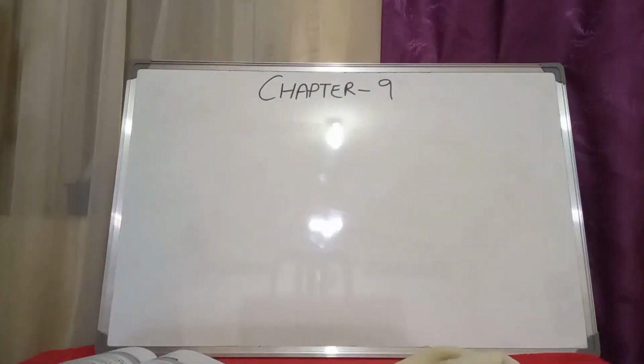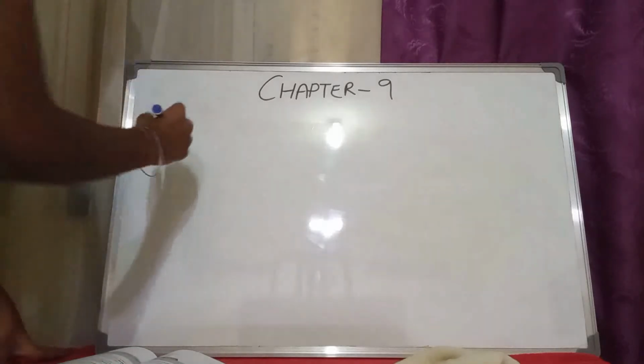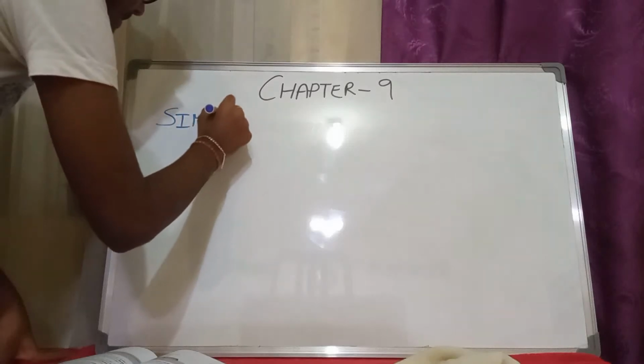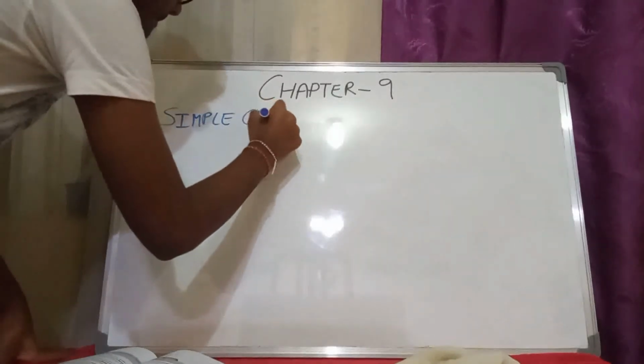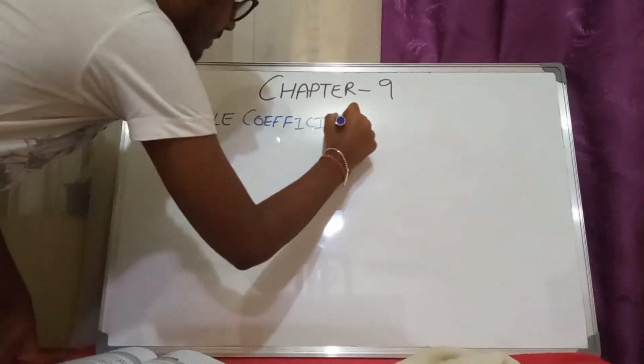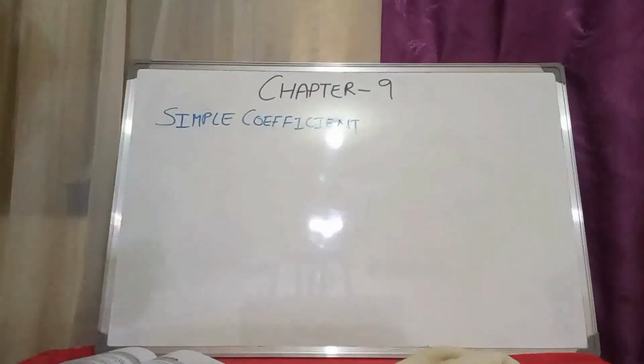Coefficient simply means the part of a term. Normally when a coefficient is asked, it simply means a simple coefficient or a numerical coefficient. The simple coefficient of any term is the numerical part, the numerical coefficient.